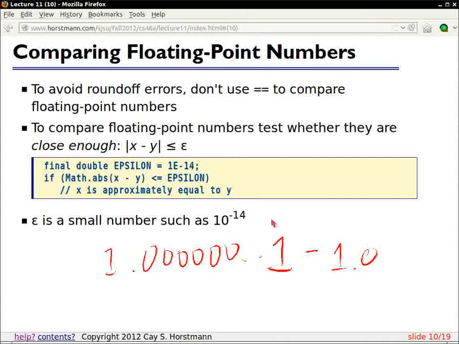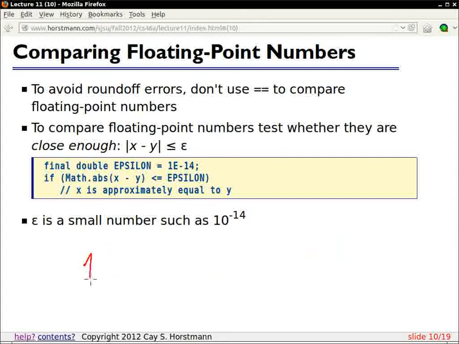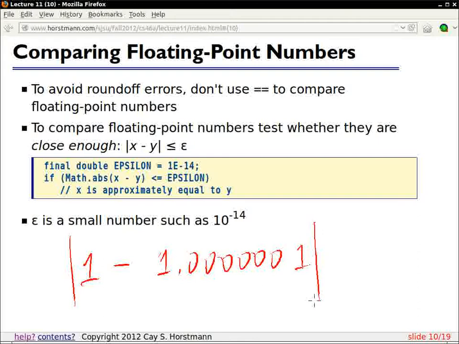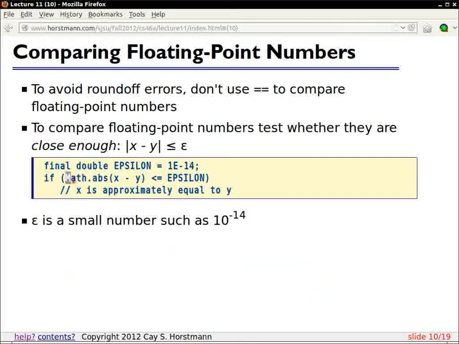But if I have it the other way around, where it just happens that my first number was 1, and then my second number is 1.00001, then that's a negative number, and I want the comparison to go the same way, so that's why I take the absolute value. In Java, the absolute value is written somewhat unattractively as Math.abs, so the test in general would look like this. So when you see a test like that, that tells you we're trying to find out whether x and y as floating point numbers are almost the same quantity. And so generally, when you compute with floating point numbers and you need to make that comparison, you always want to do it like that.